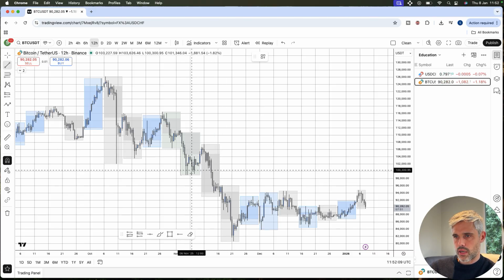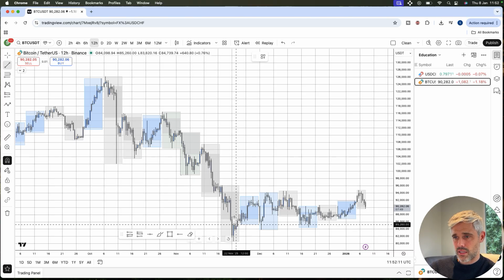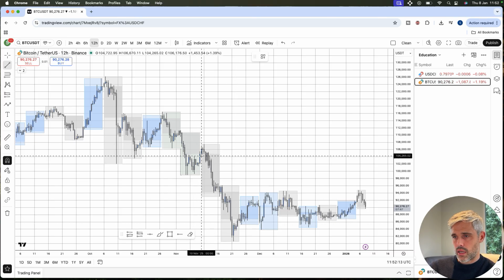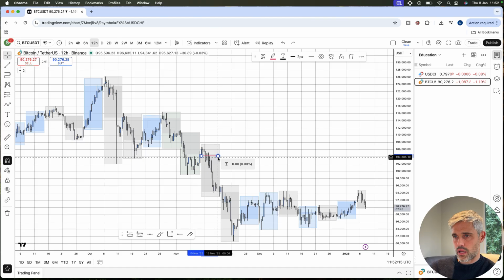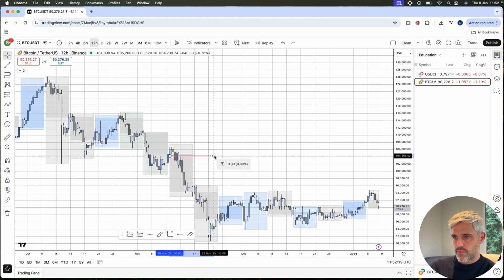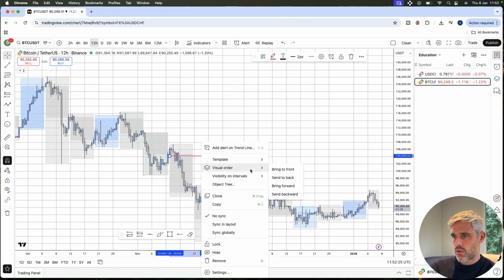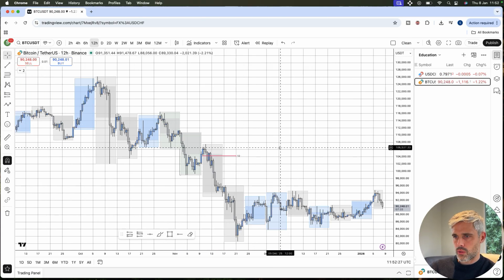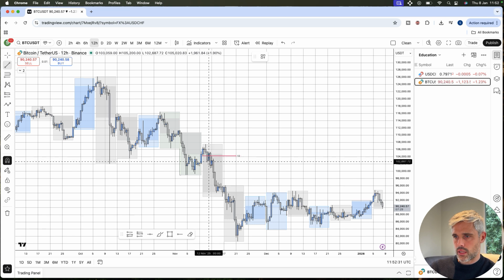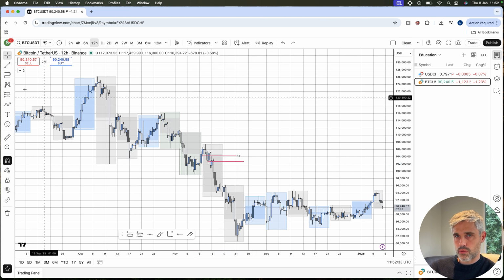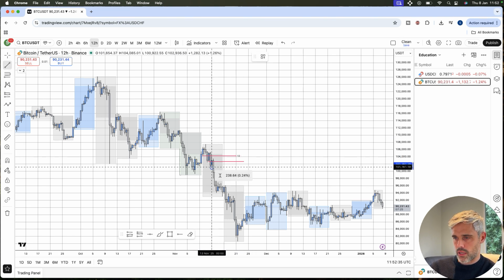We've got a bearish candle, we are still anticipating lower prices, and we get a new bearish order block printed right here. Let's bring this to the front. Okay, so there's the order block, and then we trade into this and we get another 12-hour order block.